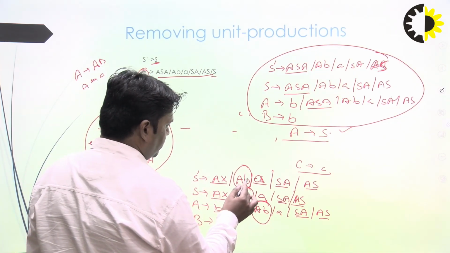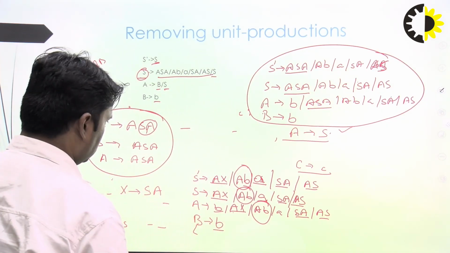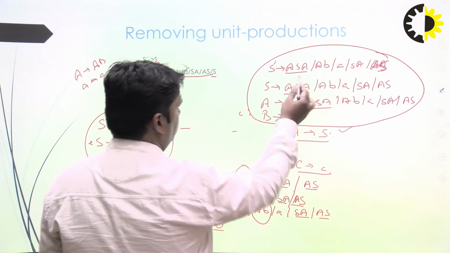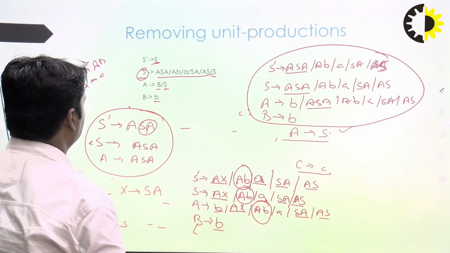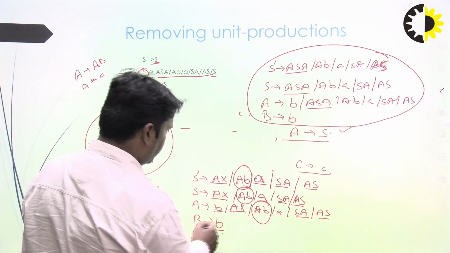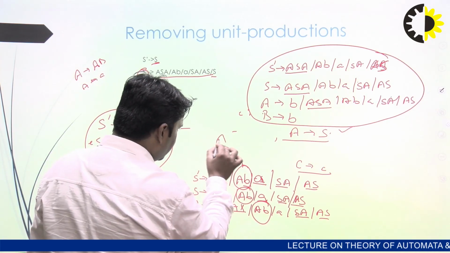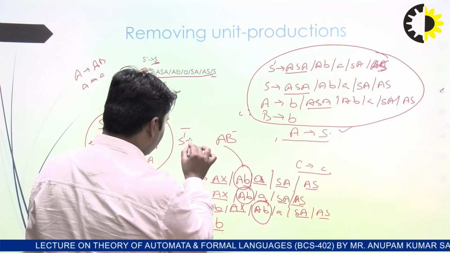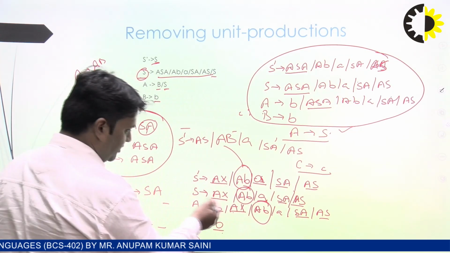Then we replace this with a new variable, capital B. Here B is written, then we replace this B, means this production in the form of A B, and then we get S' implies AX slash AB slash A slash SA slash AS, and the same S implies.